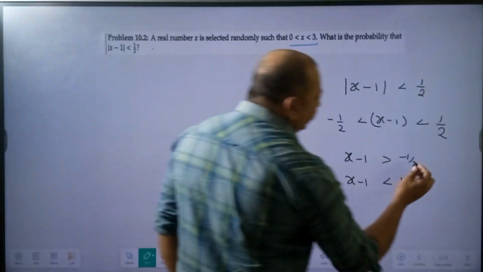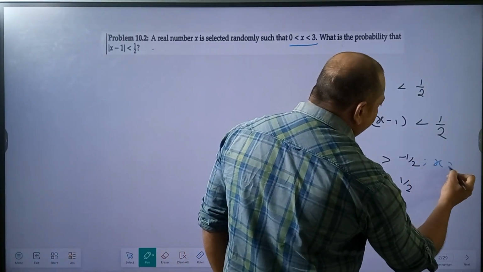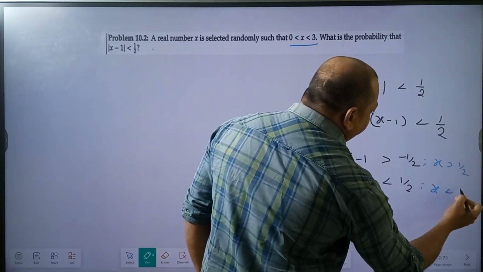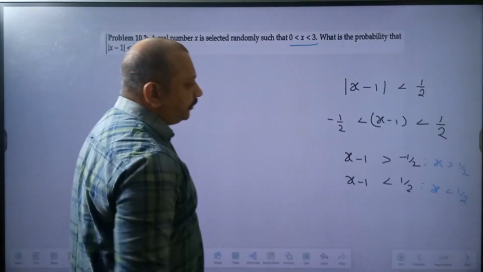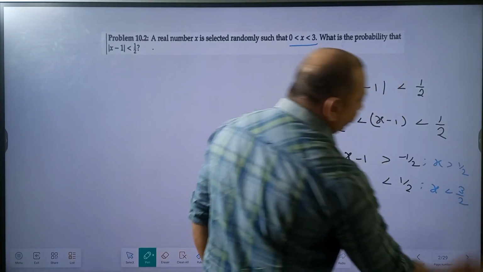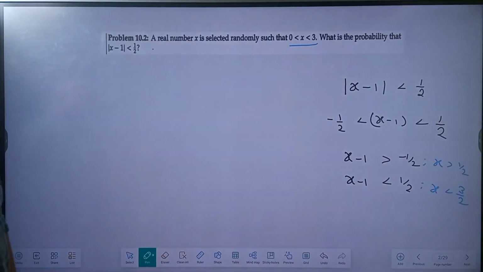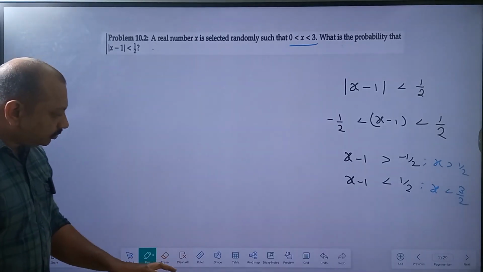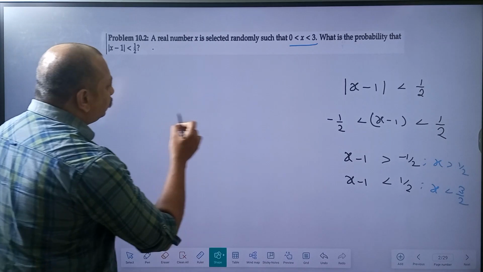From this, x is greater than 1 by 2 and x is less than 3 by 2. 1 by 2 plus 1 is 3 by 2. So x is greater than 1 by 2 and less than 3 by 2. The successful region is this, out of the total region from 0 to 3.